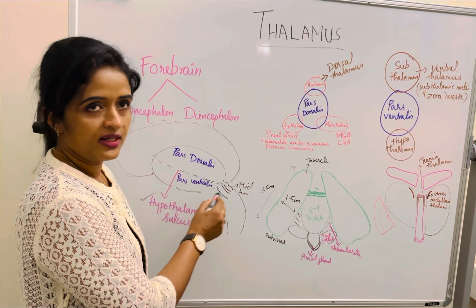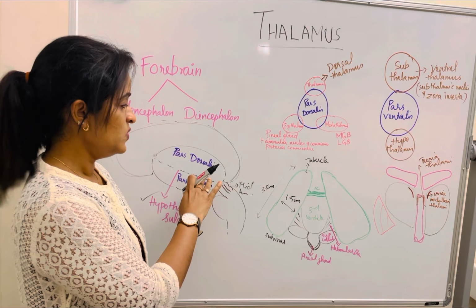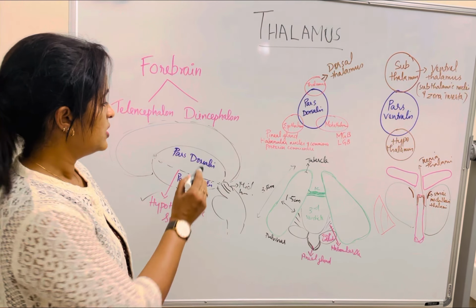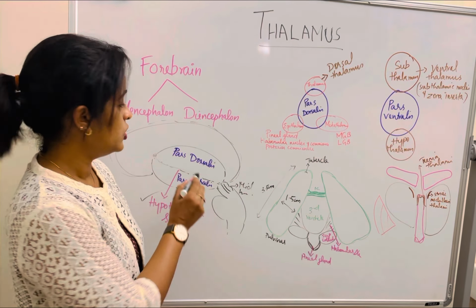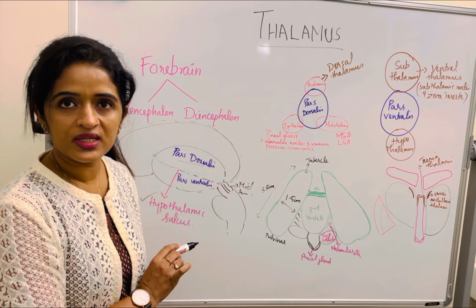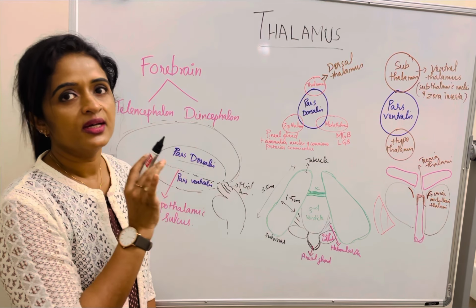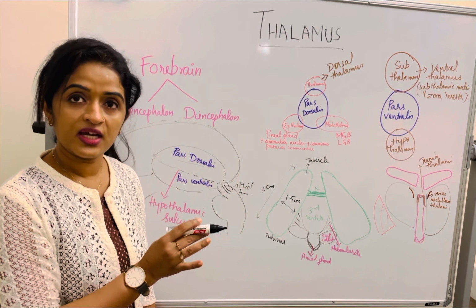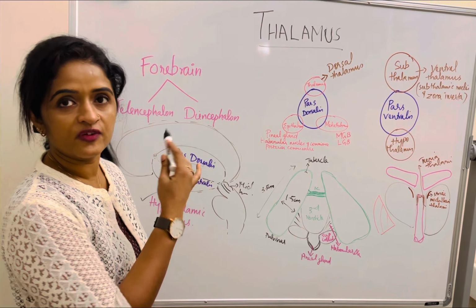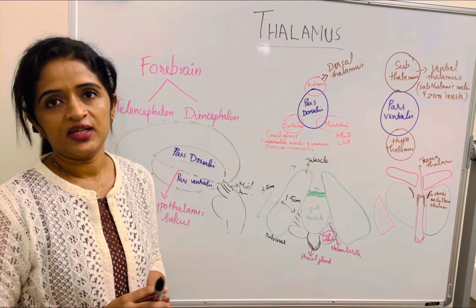So this mass of grey matter is actually further divided into a part which is lying dorsal to this sulcus and a part which is lying ventral to this sulcus. So the part which is lying dorsal to the sulcus, you call it as pars dorsalis, and the part which is lying ventral to this sulcus, you call it as pars ventralis. So this whole group is known as diencephalon. Okay, so telencephalon and diencephalon, the two parts of forebrain, and you have the diencephalon which is further divided into pars dorsalis and pars ventralis by the hypothalamic sulcus.